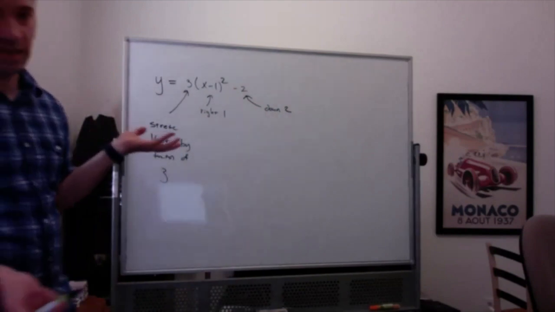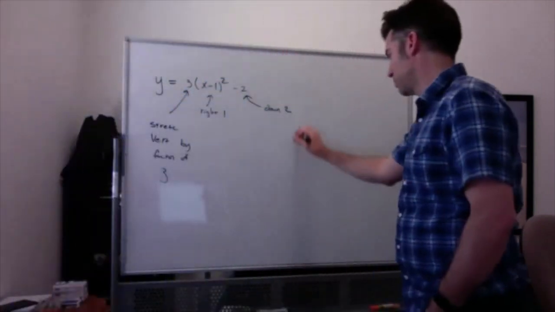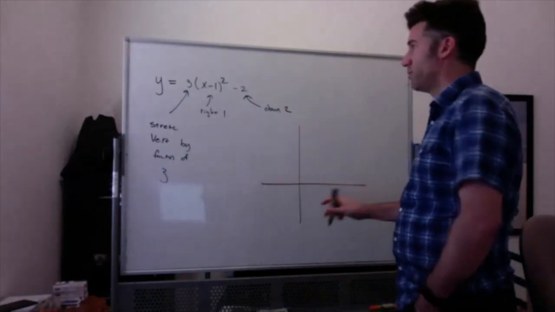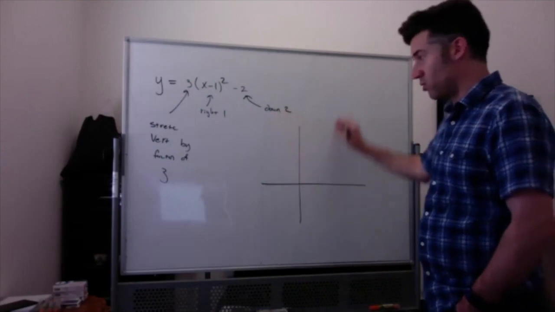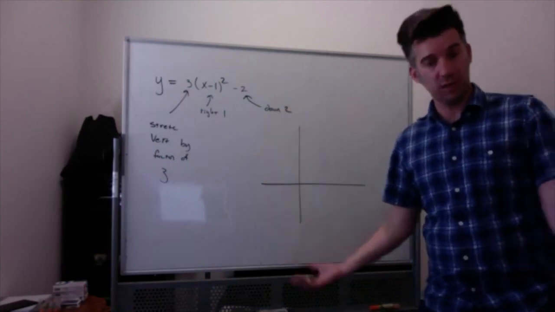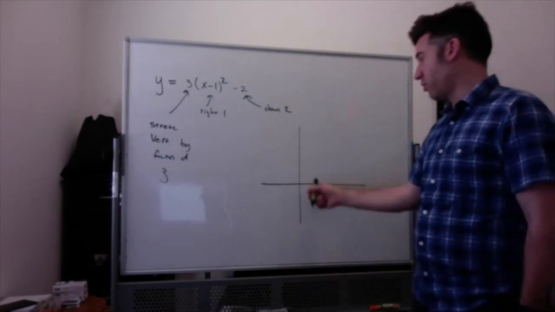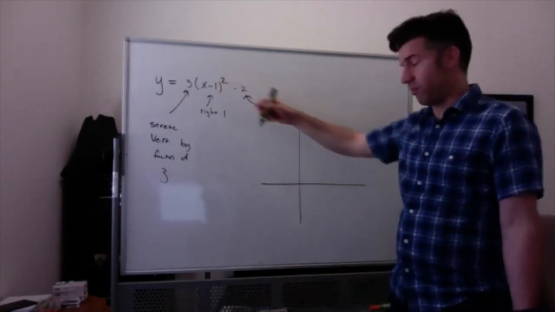And the thing I want to point out, well, in fact, we can draw this. So we're going to go over 1. The parent graph would be the parabola y equals x squared. Then we're going to stretch by a factor of 3.